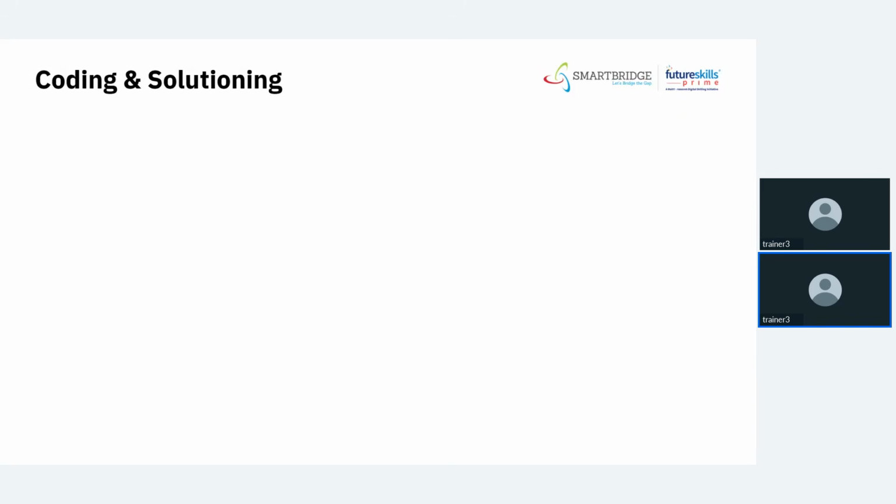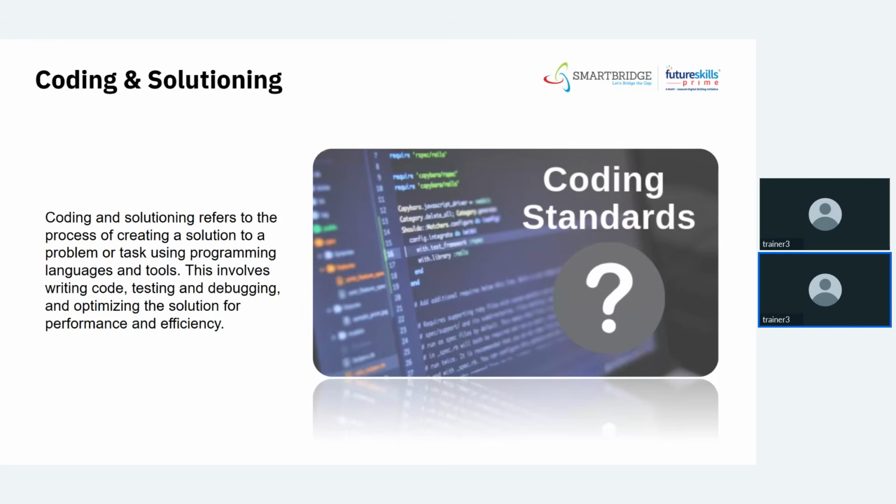Coding and solutions: what is this? Coding and solution refers to the process of creating a solution to a problem, right? You're going to write code to build your own web application, or else you are going to work with a model.